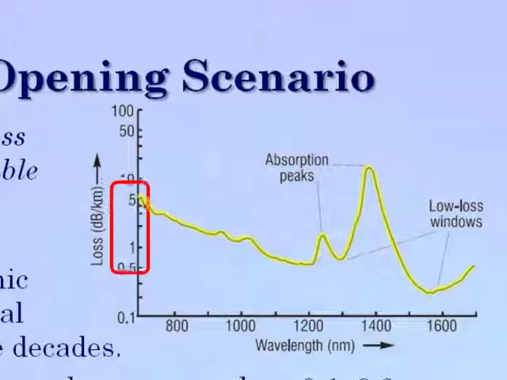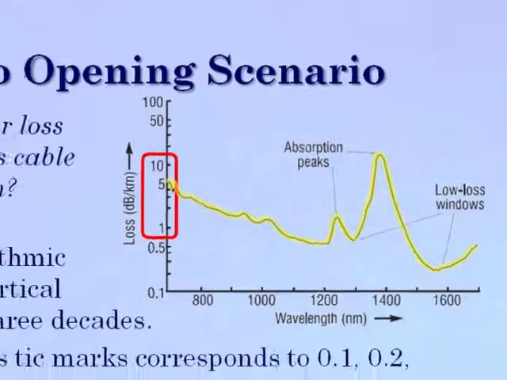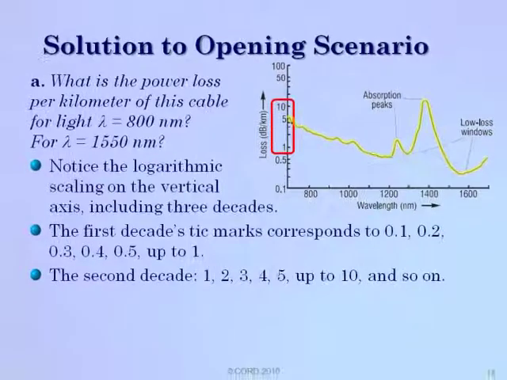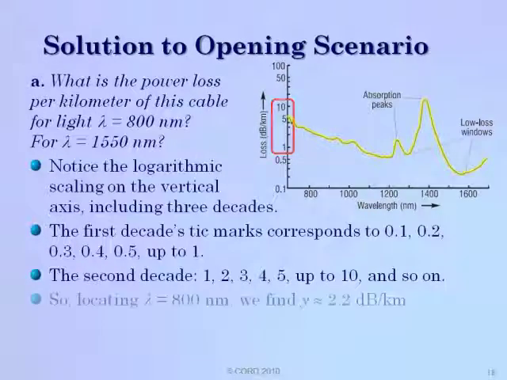The second decade's tick marks correspond to 1, 2, 3, 4, 5, and then jumps up to 10. And you can see that the next decade would be 10, 20, 30, 40, 50, up to 100, and so on. So now we're ready to read that graph.